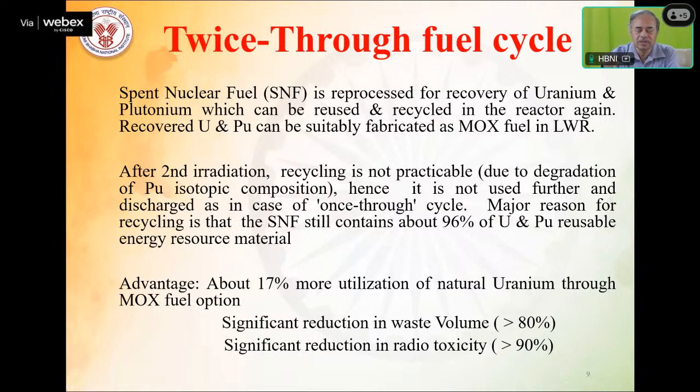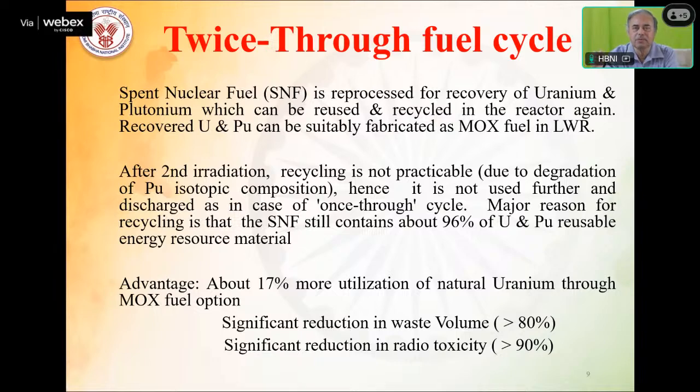But the condition is that after secondary irradiation, means after using as MOX fuel in the light water reactor, this is not good for recycling anymore because plutonium gets degraded.